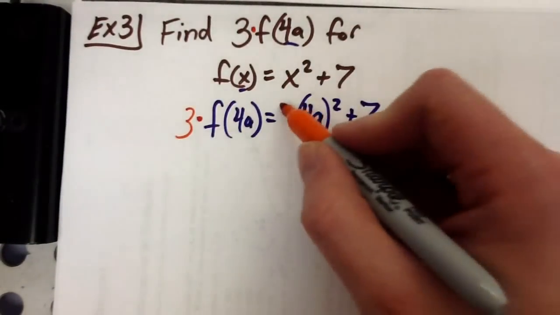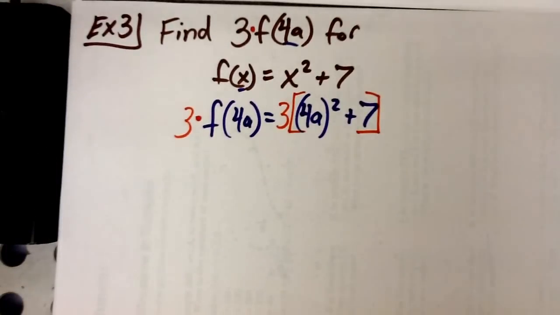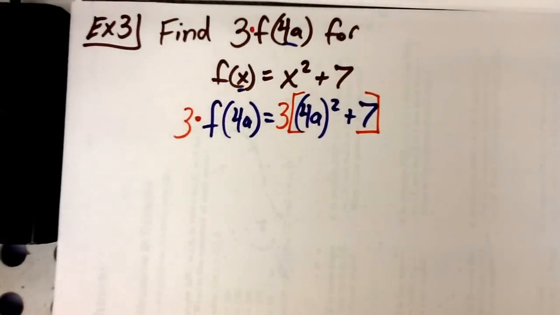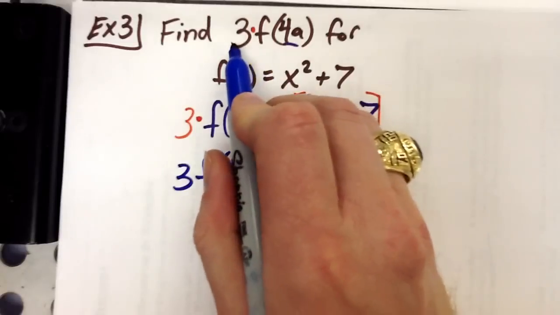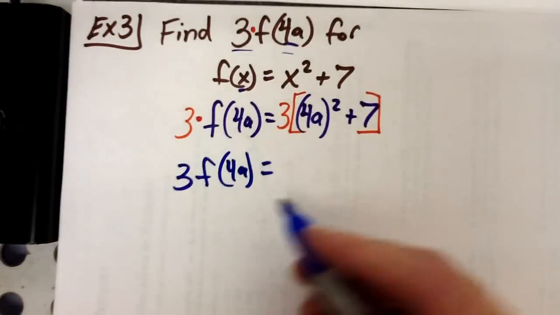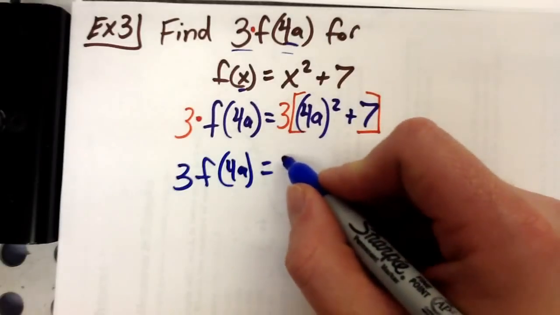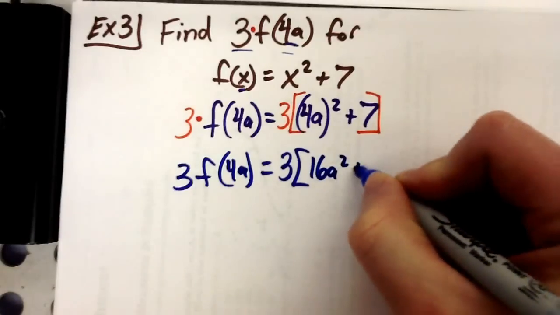And whatever you do on one side, do it to the other. I'm going to put some big brackets around it so I know to do everything inside of here first, then multiply by 3. So on the left, it'll always come down as 3f of 4a. Whatever you started with is what you'll have on the left. And we just need to do what's in the brackets here. So 3 bracket 16a squared plus 7.